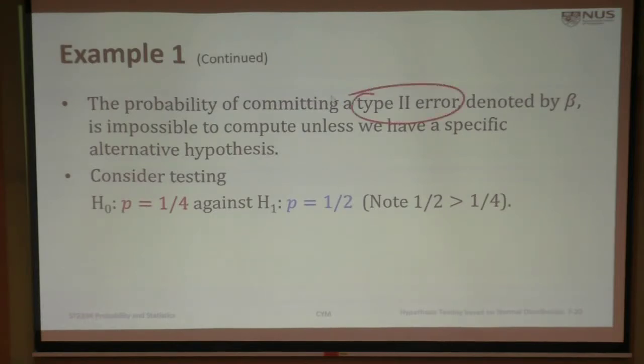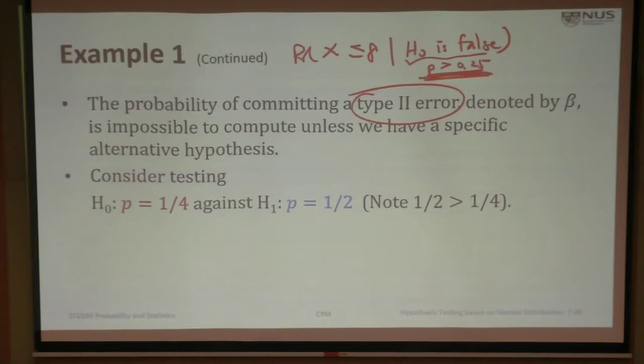But unfortunately, we cannot answer the question of the probability of X less than or equal to 8 given H naught is false, because H naught being false means P is greater than 0.25, bigger than 1/4. So there are many possible values for P, and we cannot compute it.